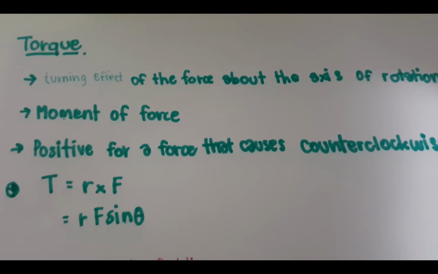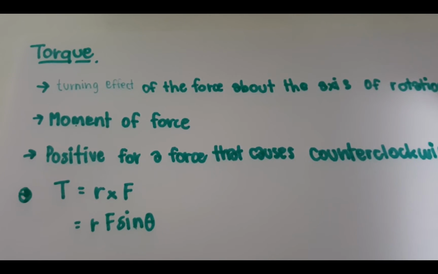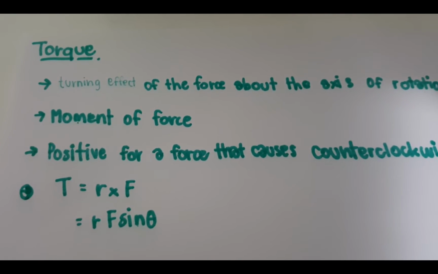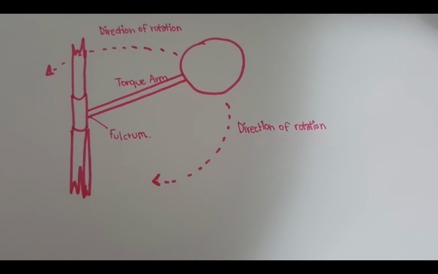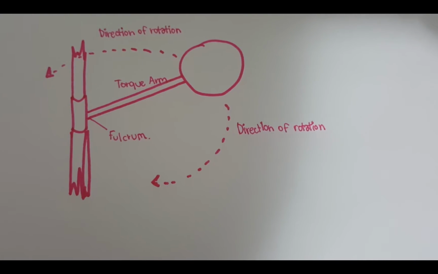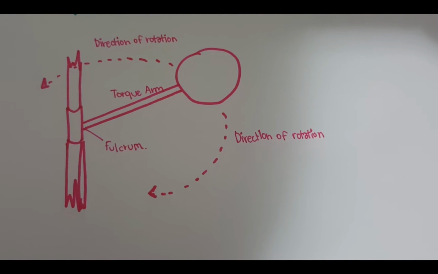Any force whose line of action is not directed towards the axis of rotation or the center of mass of an object will provide a torque on that object. So the torque is the perpendicular distance from the axis of rotation times the force.